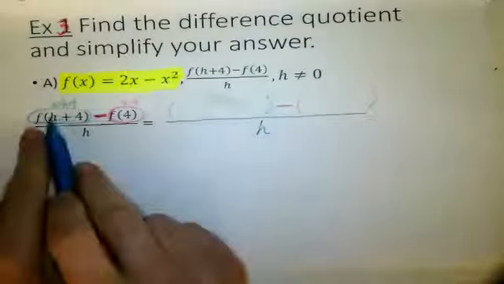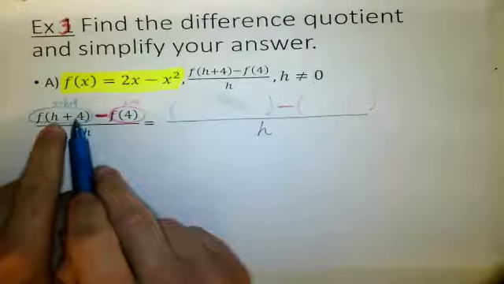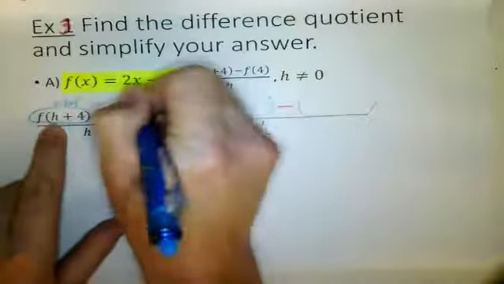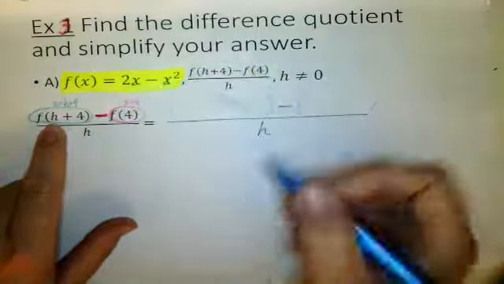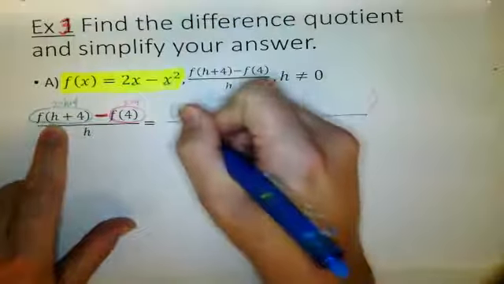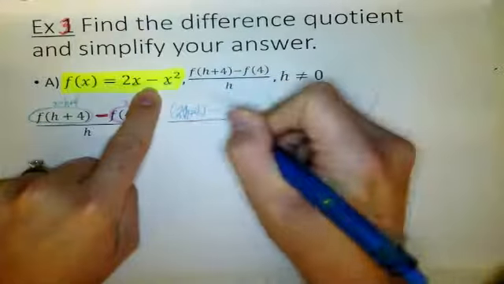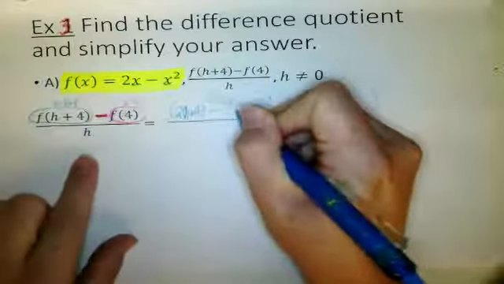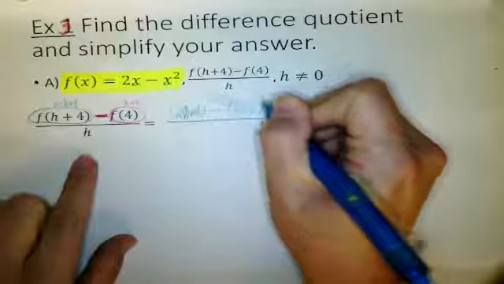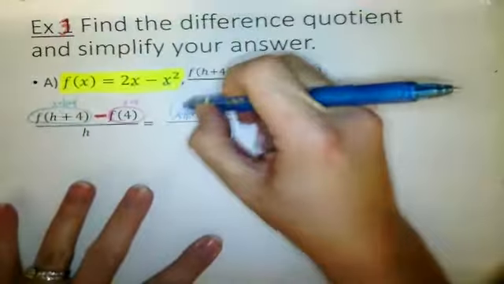So the first thing I want to do, f of h plus 4 tells me to do what? Plug in h plus 4 everywhere we have an x. So I'm going to do 2 times what? H plus 4. And then I have a subtraction. And then I have h plus 4 being squared. It's kind of smushy right there.